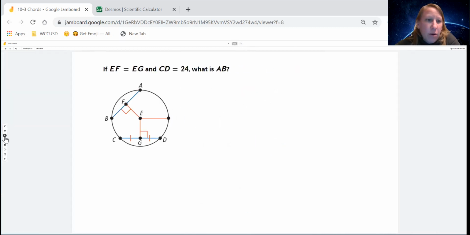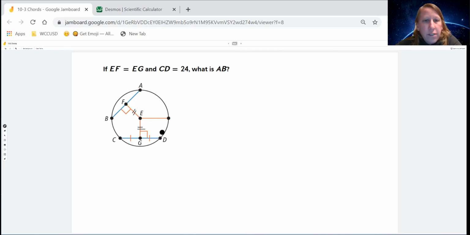Ooh, let's do another math problem. What's this say? It says if EF is equal to EG. So that's like what we just did here. So EF, let's just randomly say that it's 3. We'll mark it. EF is the same as EG.